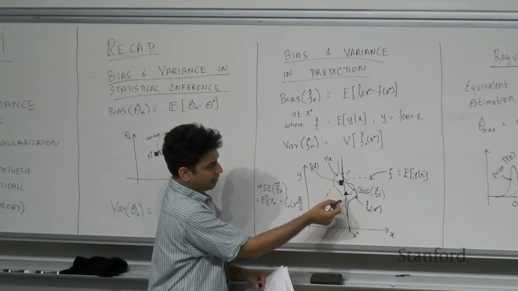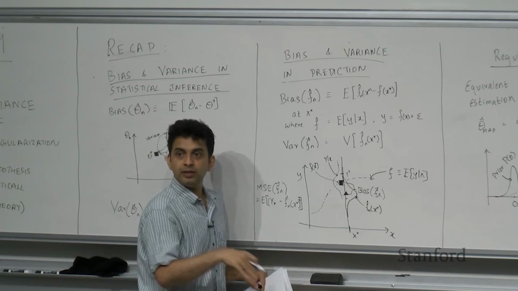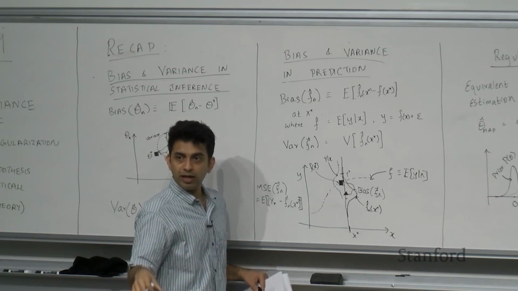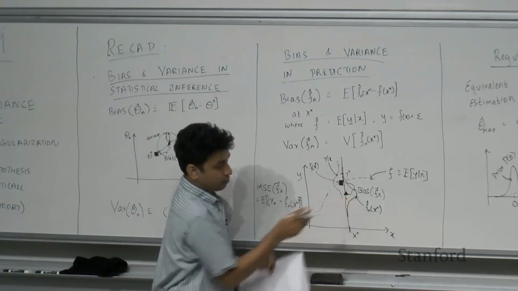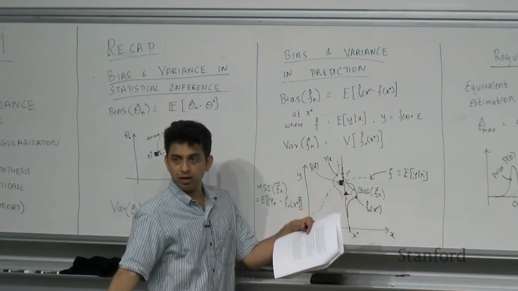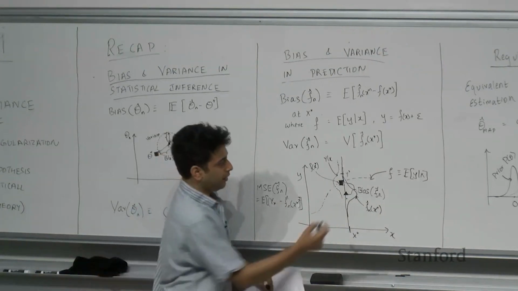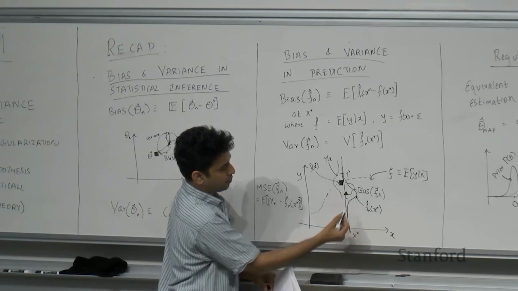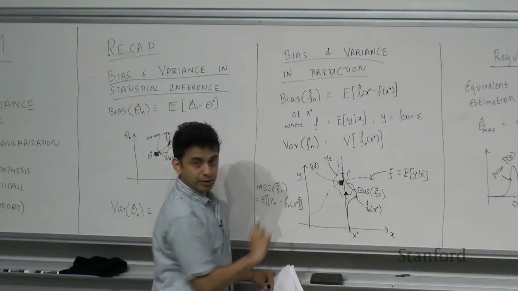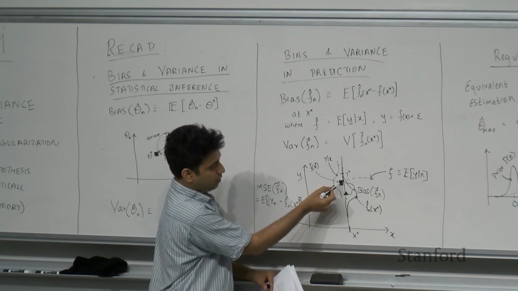The bias and variance are properties of the training data and the model class. Right? If the data is noisy and we don't have a lot of data, then the variance, the variance of the thick line distribution, is going to be large. It's going to be more spread out. However, if we collect a lot of data, then the distribution of f hat n would be more concentrated. Right? But still, even if it's concentrated, there could still be a bias.